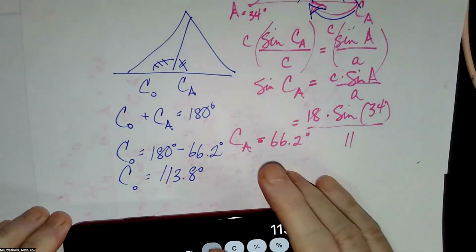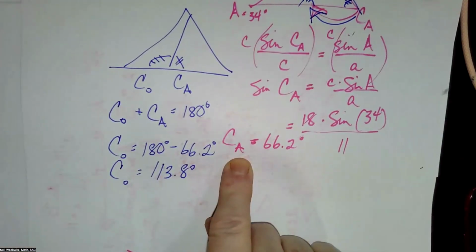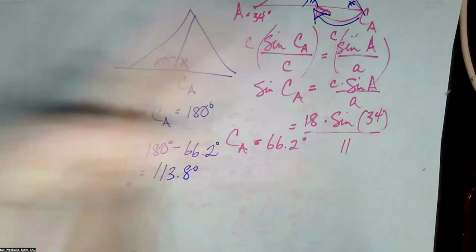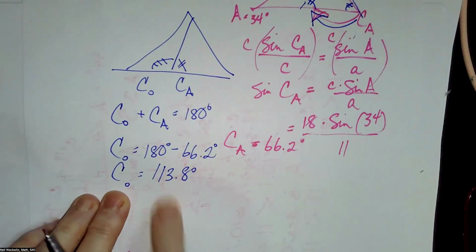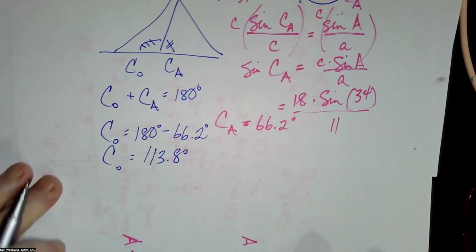Now the hard part is over. We're just going to solve one triangle using C acute, the whole triangle. And then we're going to do another triangle using C obtuse. And let's make some tables.